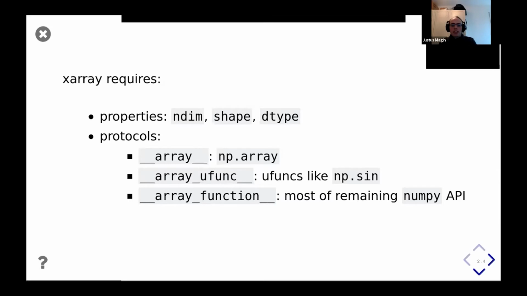And then we have the array_ufunc and array_function protocols, which are used to dispatch NumPy API functions, such that, for example, a ufunc like sign can be called on a duck array and it returns a duck array. Also, there are others like full_like or where, which allow us to return that duck array.